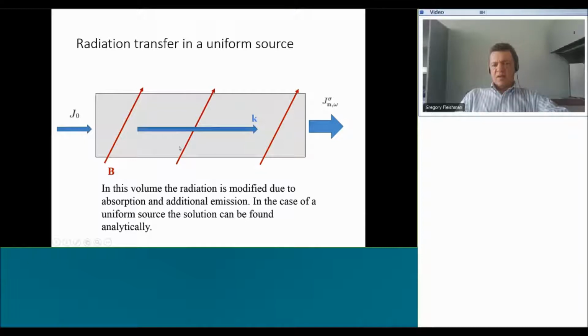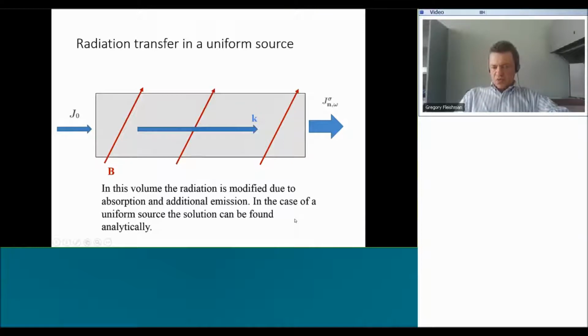And in this case, within this volume, the radiation is modified due to absorption and additional emission generated inside the volume. There is some incident emission from the left, and this emission can only be absorbed while it propagates through this volume. And as a result of absorption, additional emission and self-absorption within this volume, we get emission leaving the volume, which is in general different from the incident emission.